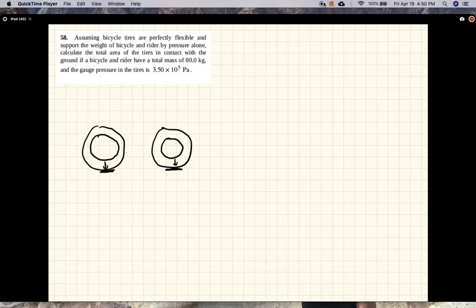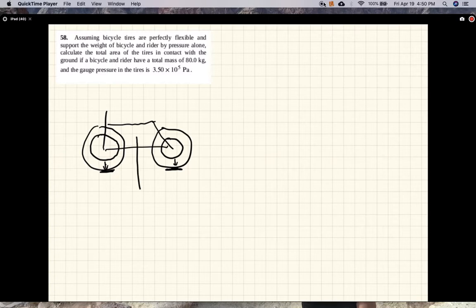This plus this is the area of contact of the tires to the ground. Alright, I'll complete the diagram. There's the bicycle.